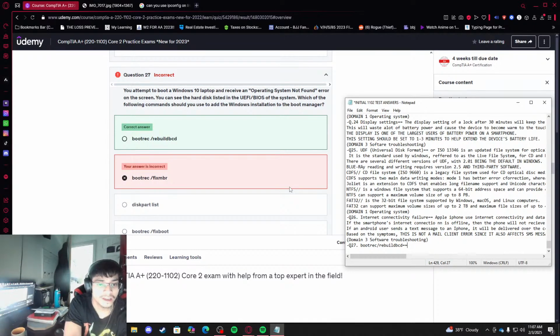You can see the hard disk listed in the UEFI BIOS of the system. Which of the following commands should you use to add the Windows installation to the boot manager?